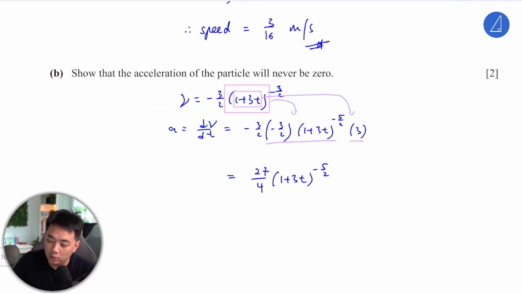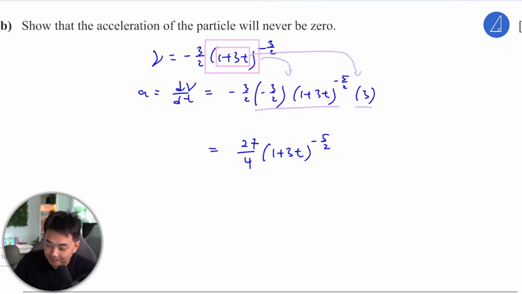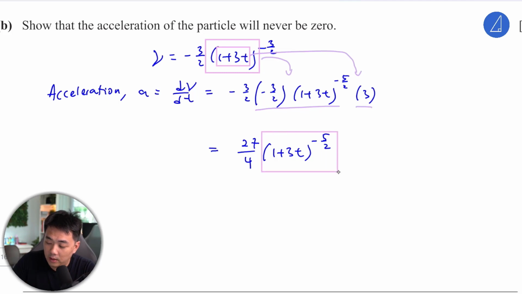We are told to show that this will never be 0, so the acceleration, write it down. What we need to look at is the part that makes it positive or negative, which depends solely on the variable part, the one involving t. The 27 over 4 is already always positive.